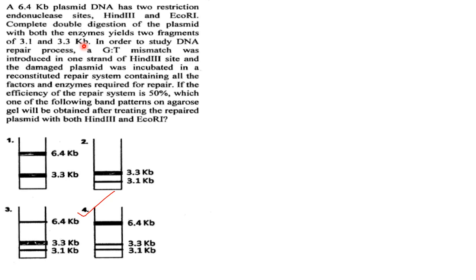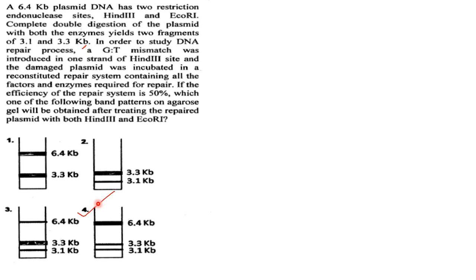After damaging the HIN3 site, you incubated it in a mismatch repair system containing all the factors and the enzymes required for repair. But this mismatch repair system has only an efficiency of 50%. So which of the following band patterns on the agarose gel will be obtained after treating the repaired plasmid with both HIN3 and EcoR1?